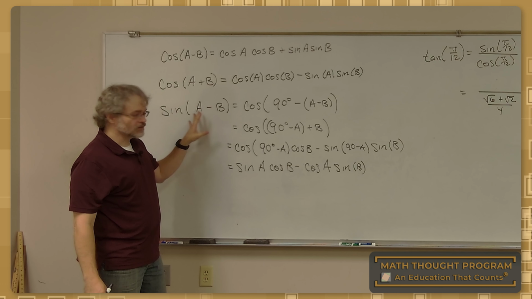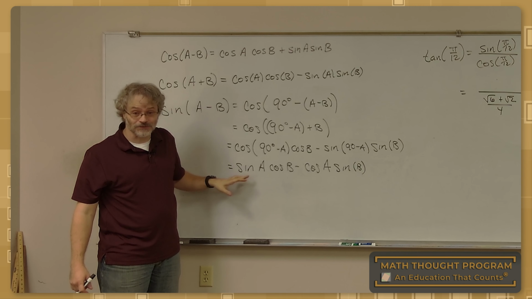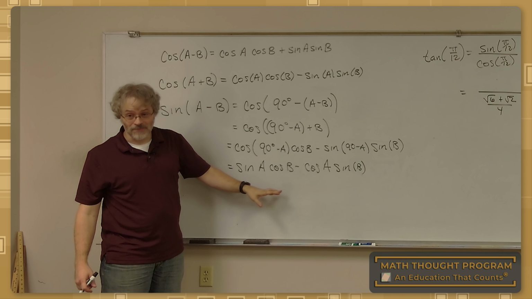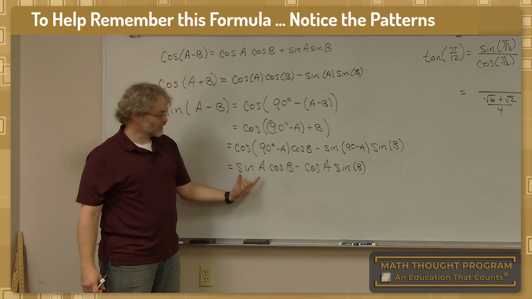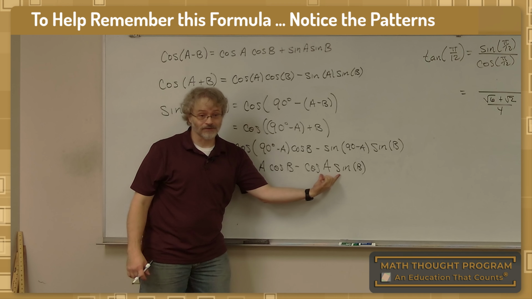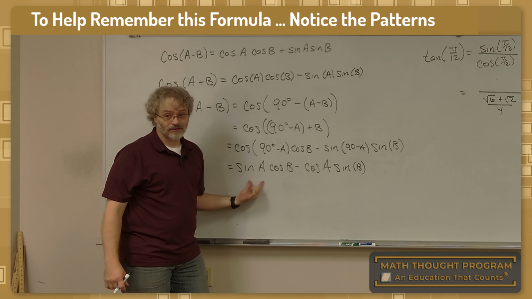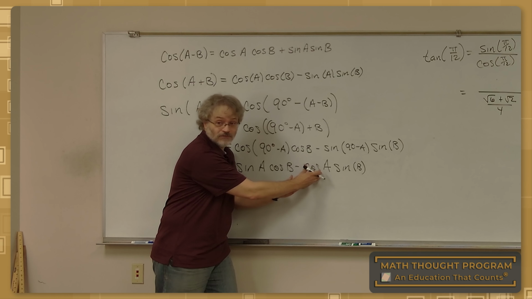And there it is. So making a switch up real quick using the cofunction identities, it led us to another amazing property. Look at the pattern here. Sine of A, cosine of B. What happens back here? It switches, doesn't it? Sine of A, switch to trig function.